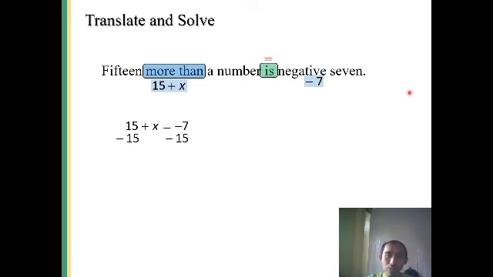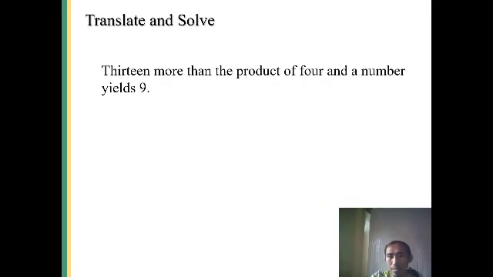So we solve negative 15 by the adding and subtracting rule. So we have x equals negative 12, because negative 7 and negative 15, if we add, the answer must be negative. Okay, next. 13 more than the product of 4 and a number yields 9.